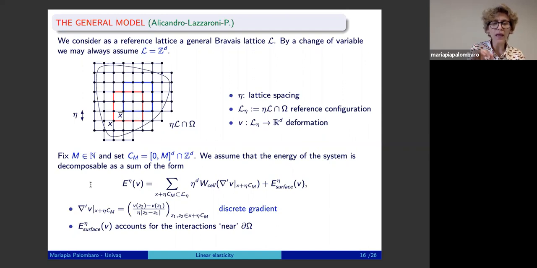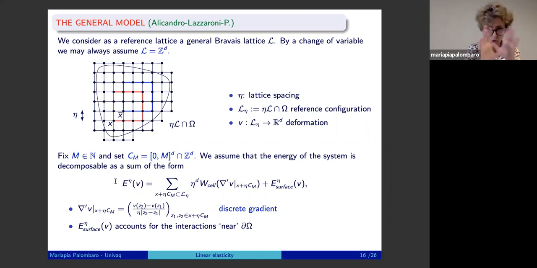M can be any integer, even very big. We consider a discrete cell, which is the cube (0,m)^d intersected with the lattice. So it's the set of atoms inside this reference cell of side m.